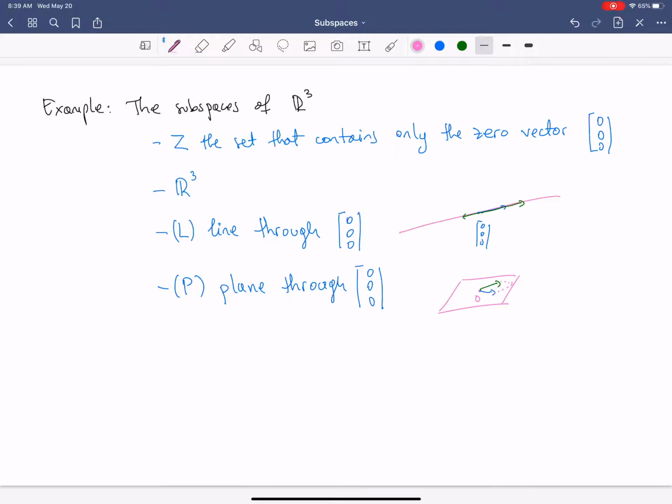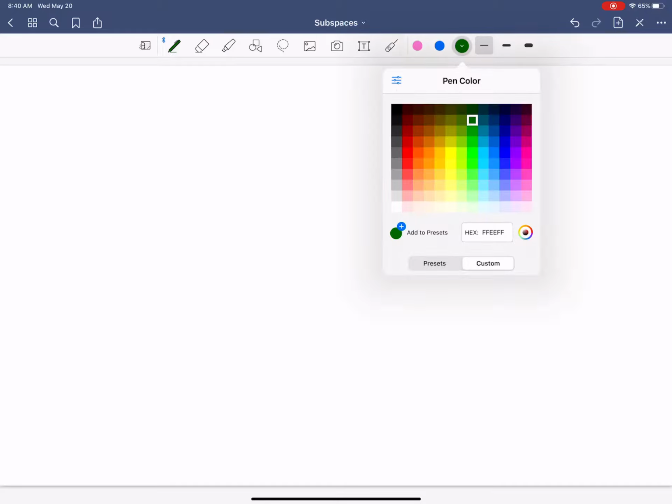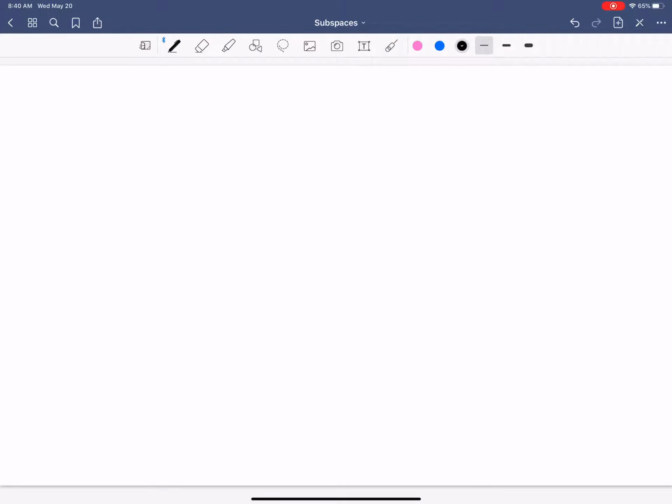Now, let's look at another example of subspaces. So we talked about the vector space M. Inside the vector space M, remember this was the vector space of all 2 by 2 real matrices, we have the following subspaces.